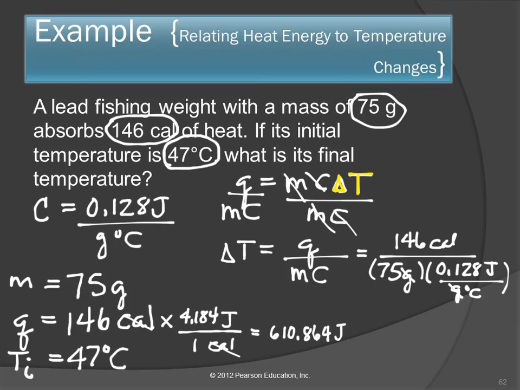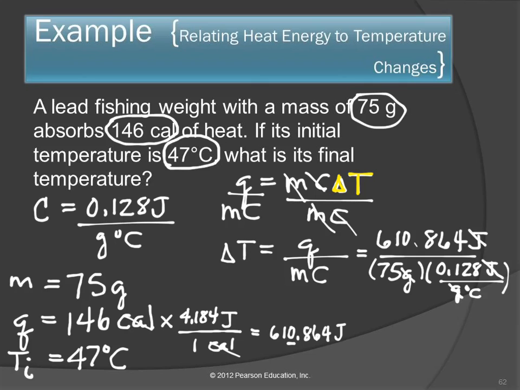I'm just going to make a note of how many sig figs it should have. 146 has 3, so this should have 3, which would put the uncertainty in the ones place. Then I'm going to erase that original Q up here and write in the one with the correct units. 610.864 joules. Well, that's better, isn't it?